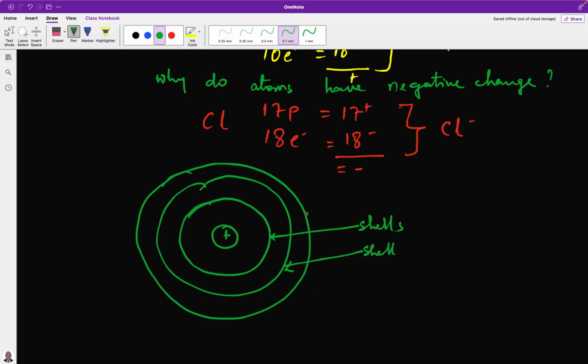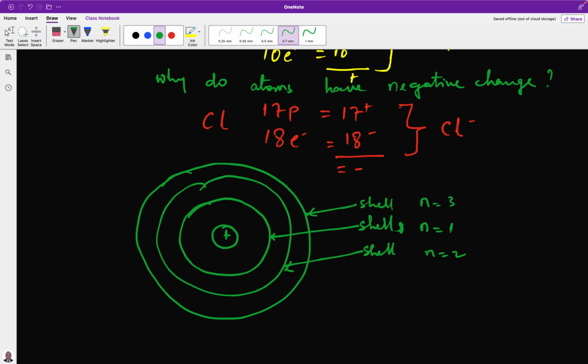This is the first shell, n equals 1. The second shell is n equals 2. And the third shell is n equals 3.